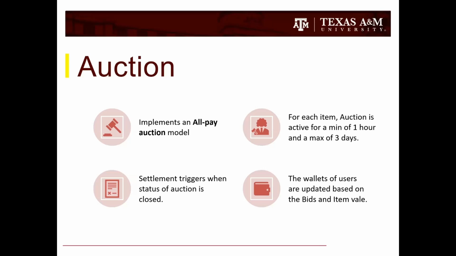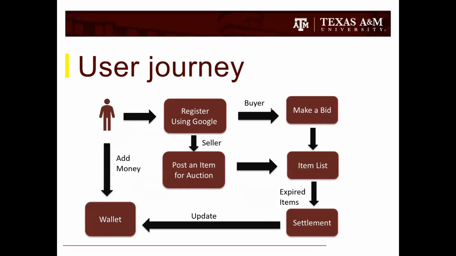This is an overview of the user journey. When a new user registers on our website using Google Authentication, he will be prompted to enter information on whether he plans to be a buyer or a seller. If the user is a seller, he will be taken to the seller's view of the auction block.